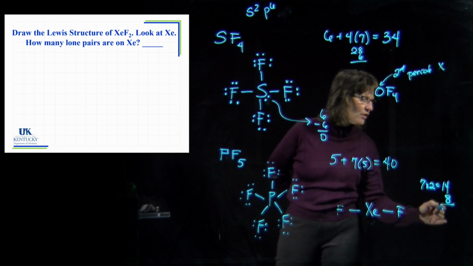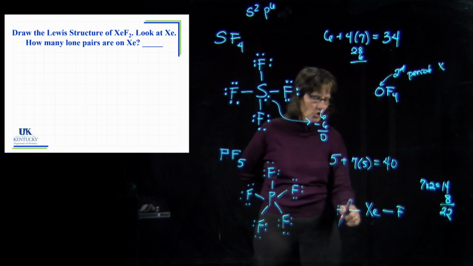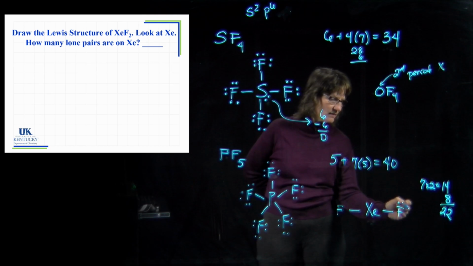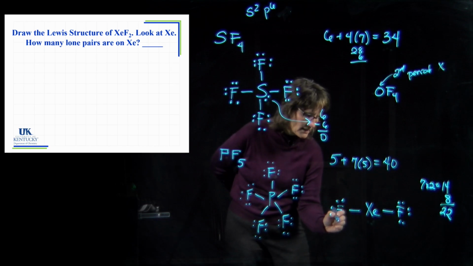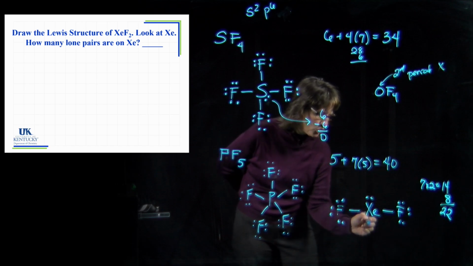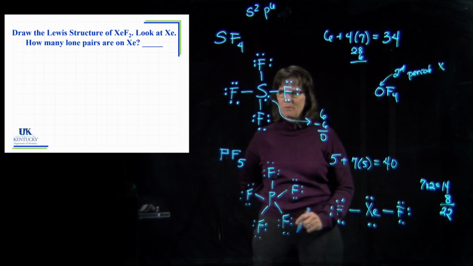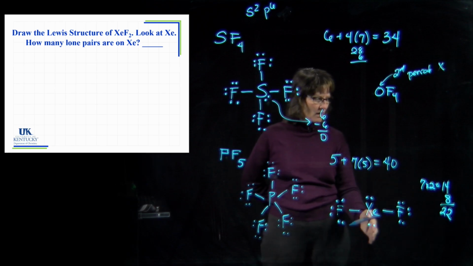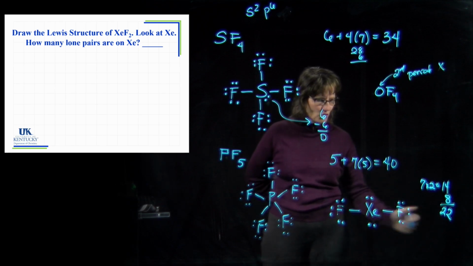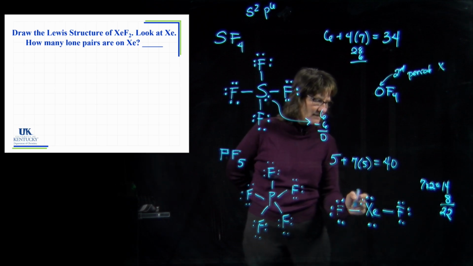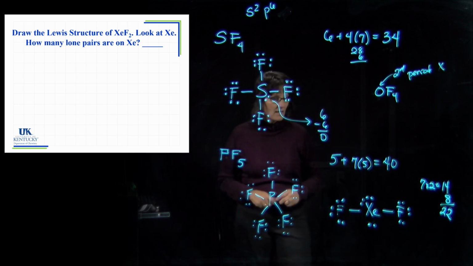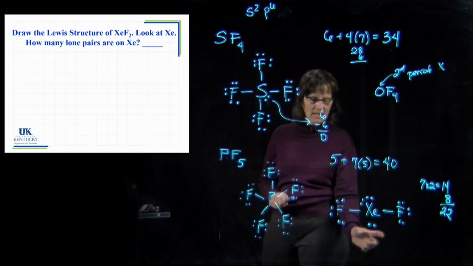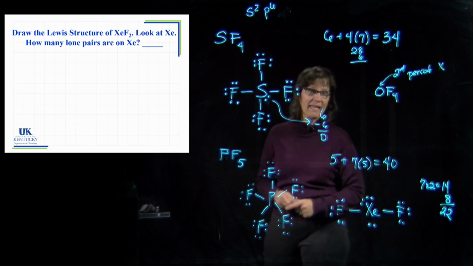So here we have 22 to work with: 2, 4, 6, 8, 10, 12, 14, 16, 18, 20. This would be where we would think we should stop because that obeys the octet rule. But now we have to put 2 more in there. So that gives us 3 pairs around that xenon. Xenon is expanding its octet beyond the 8.